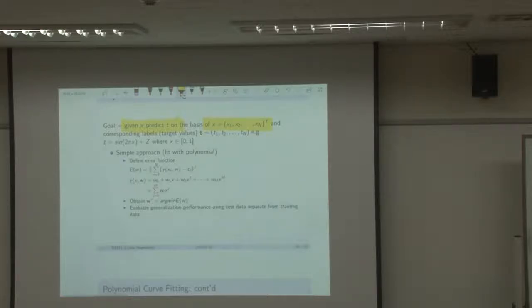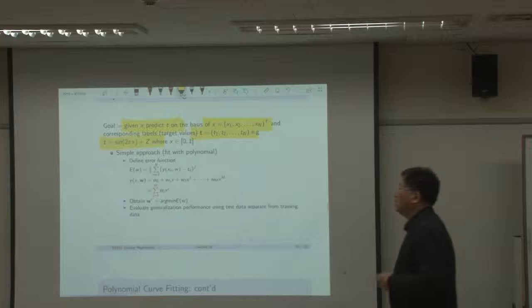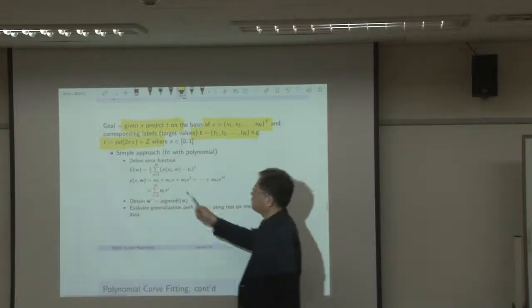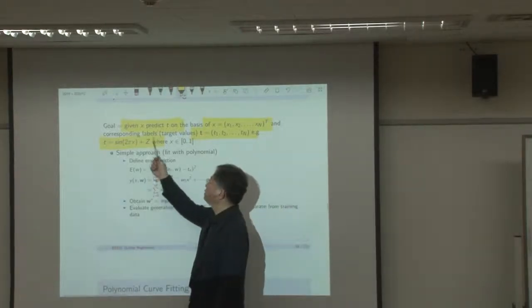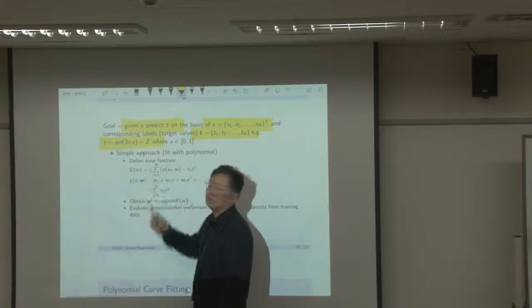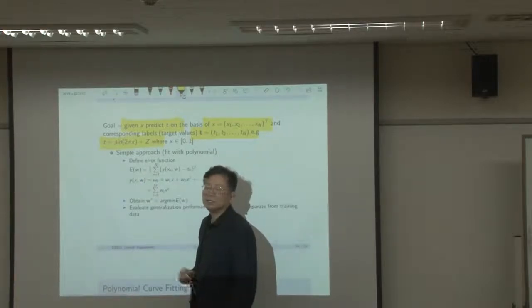There is a corresponding T. Let's assume that T is something like this: for some value of X, T is the sine of 2 pi X plus some noise.